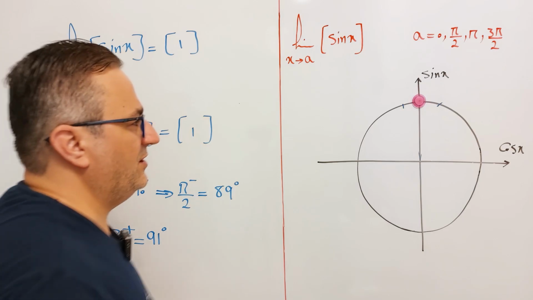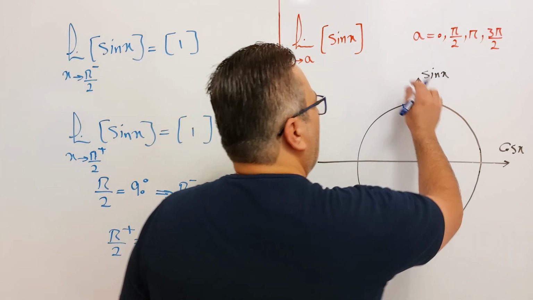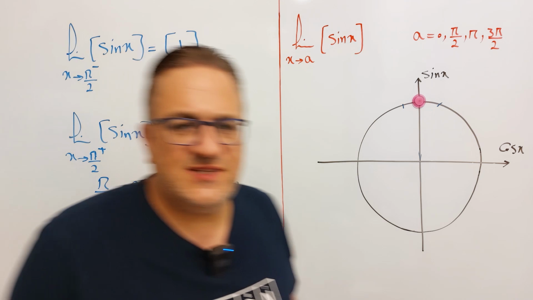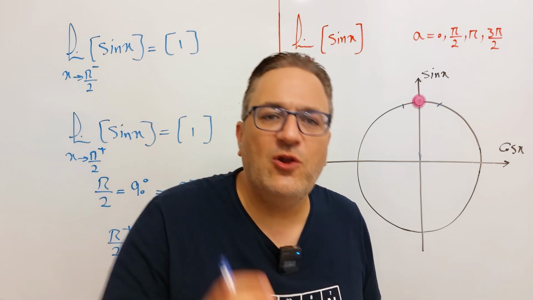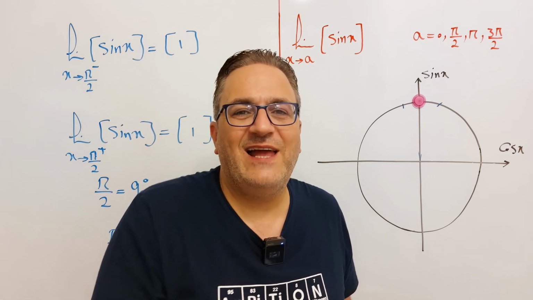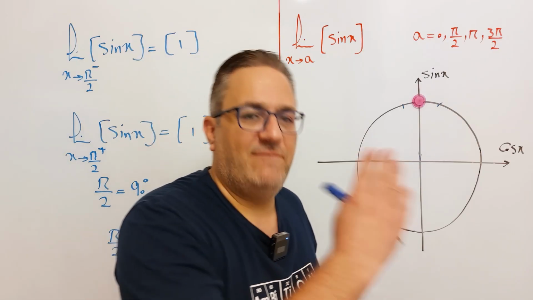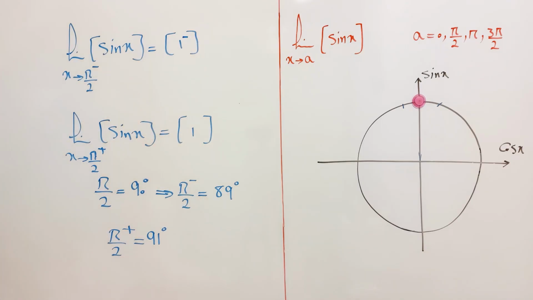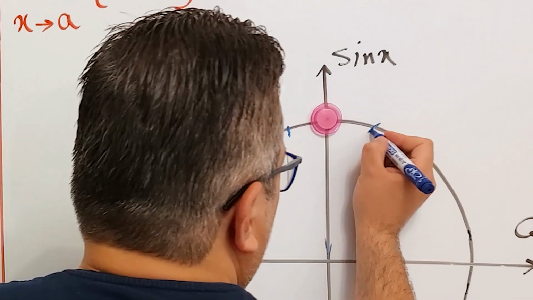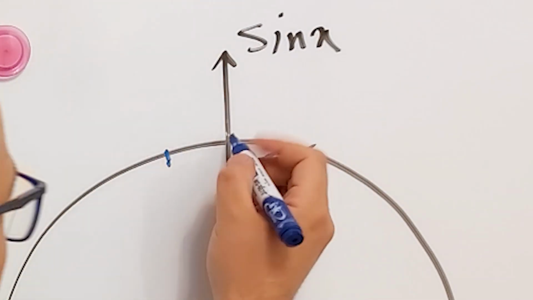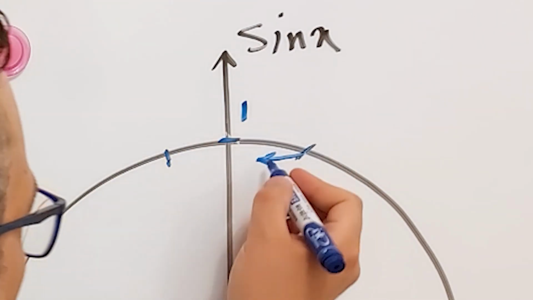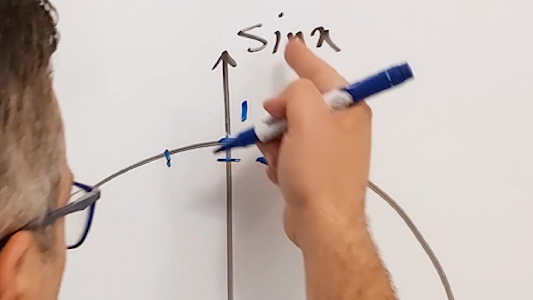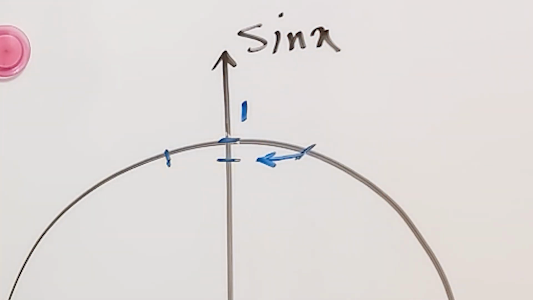Looking at the unit circle, as we approach pi over 2, we can see the sine values getting closer to 1 from values slightly less than 1, meaning 1 from the left. Look at the sine axis, so here is 1, and for example sine of 89 is less than 1, so 1 from the left.